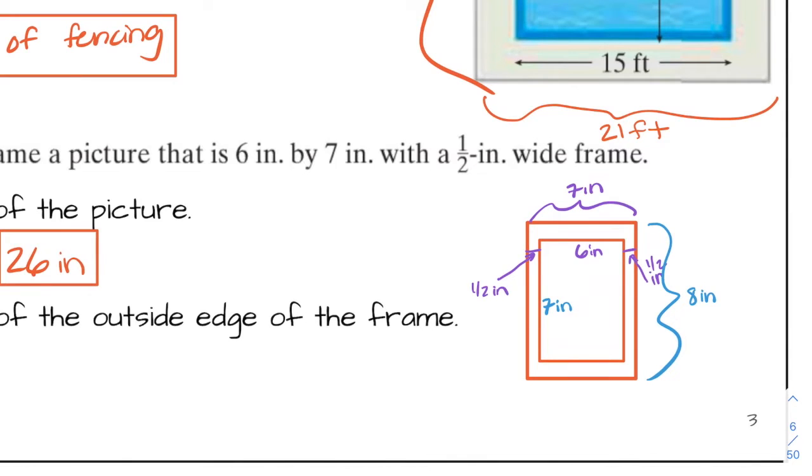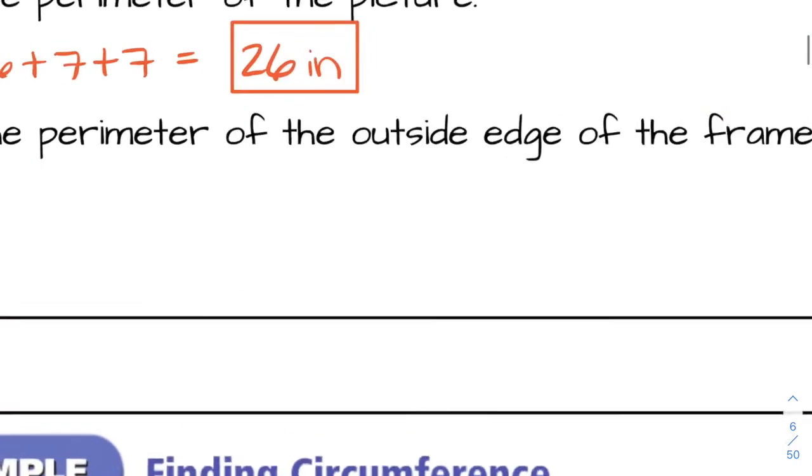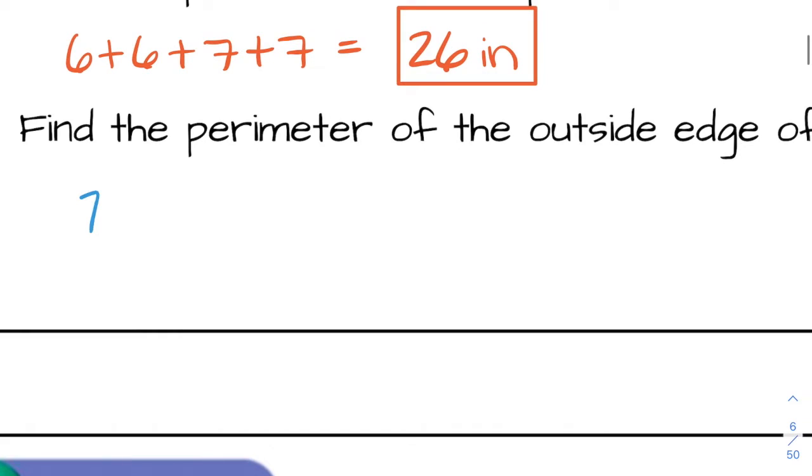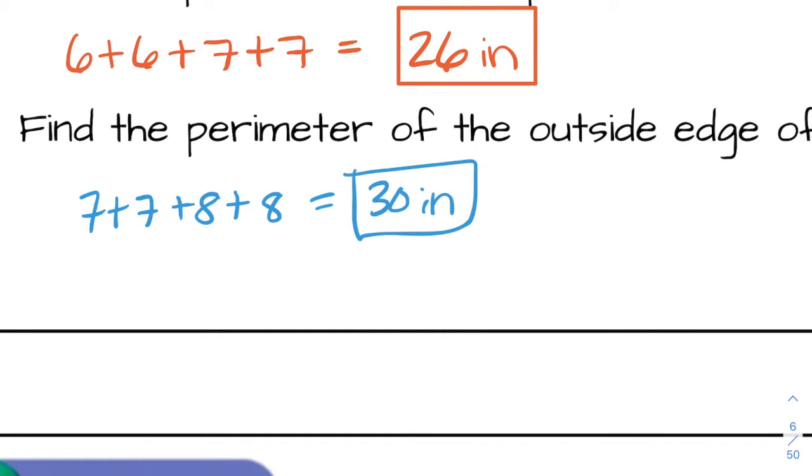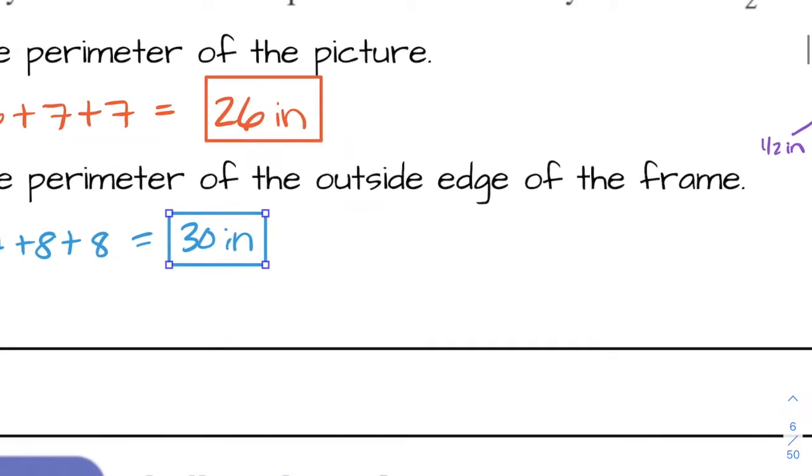So by adding that distance twice, we're doing 7 plus 7 plus 8 plus 8, which is 14, 20, 28, 29, 30 inches. So the perimeter here is 30 inches around the edge of the frame.